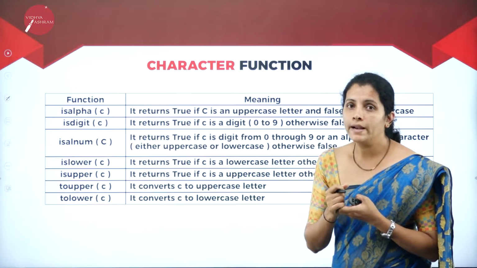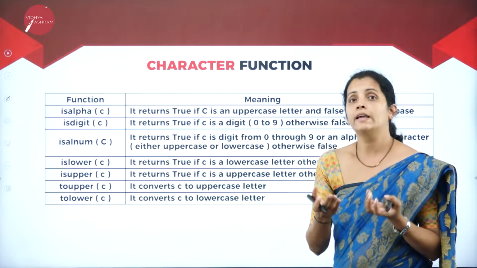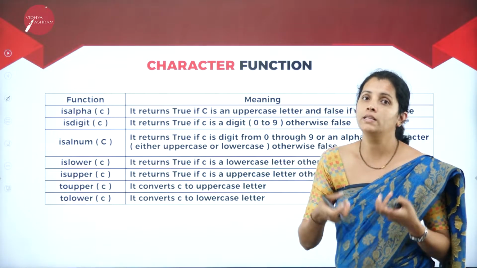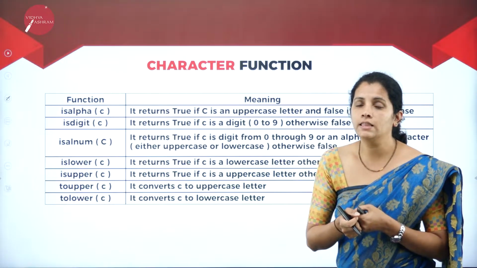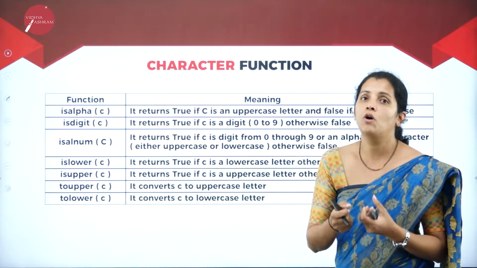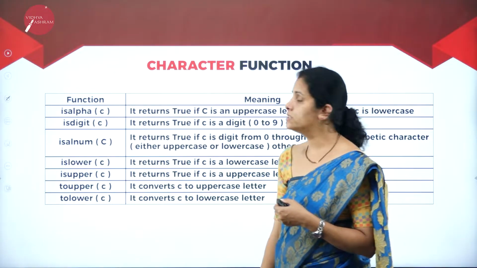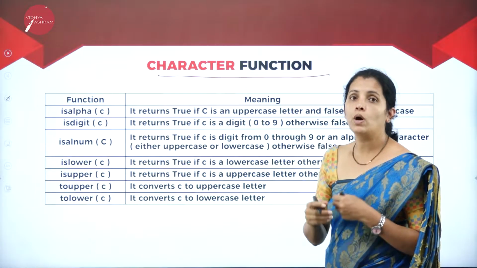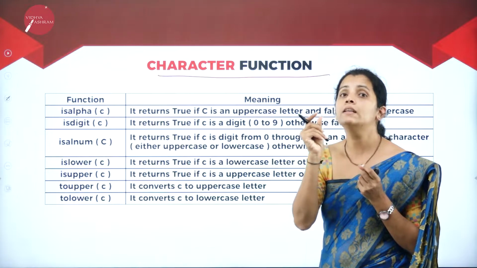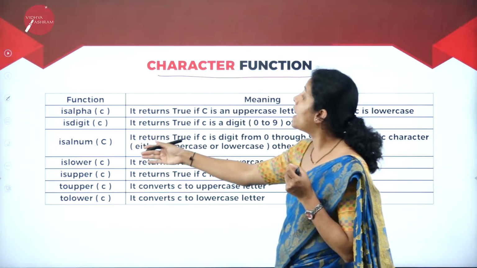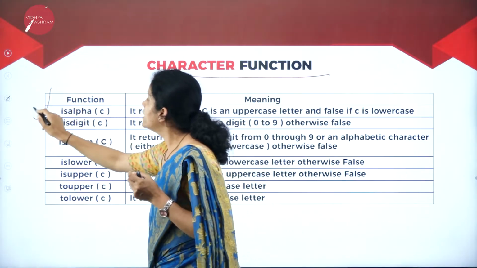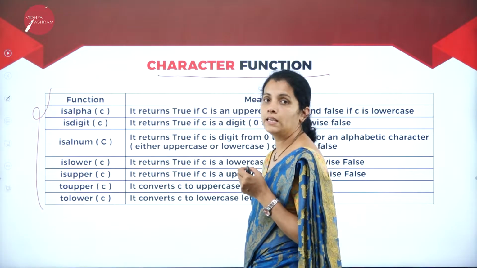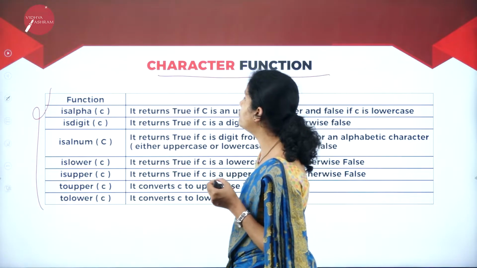Instead of wasting my time, I can make use of an existing resource. So what is the existing resource here? That is nothing but the library function or built-in function. And to support character functions, so what is a character? That is a single character. I'm going to have certain functions which are stored inside the ctype.h header file.